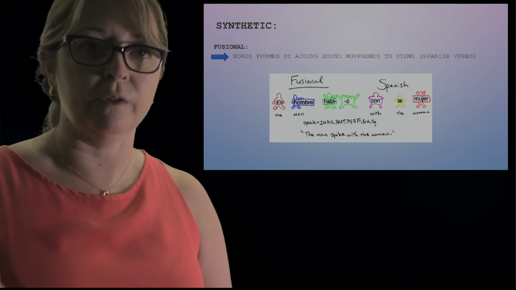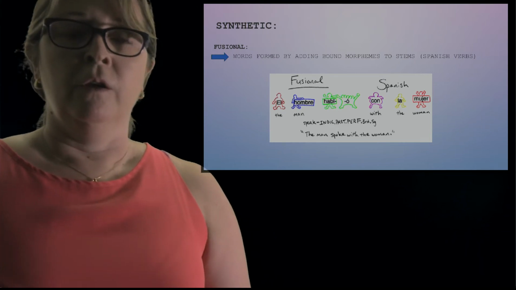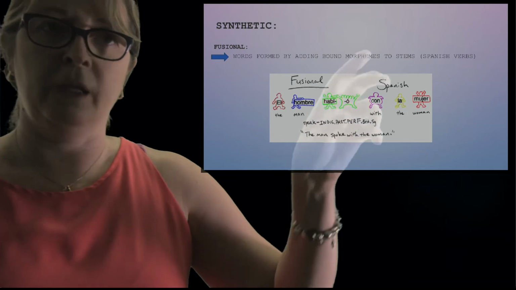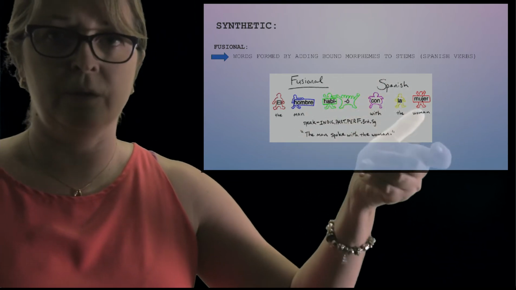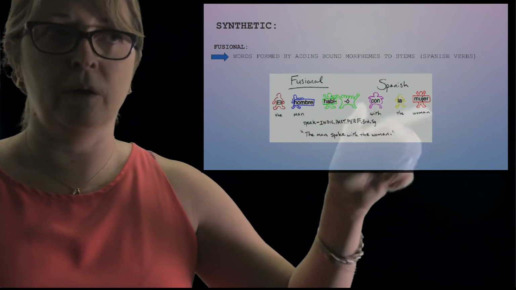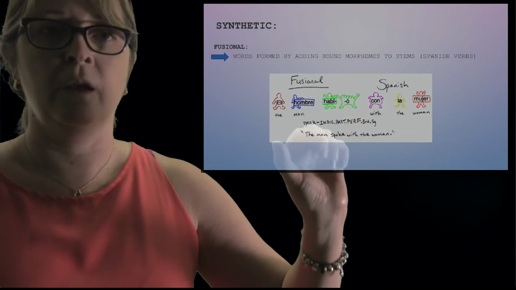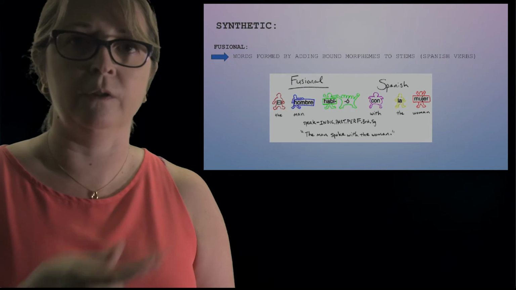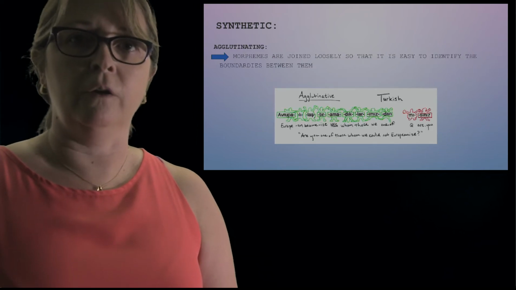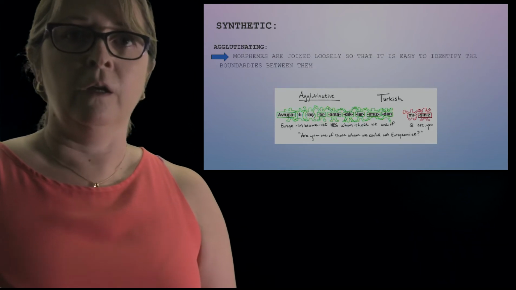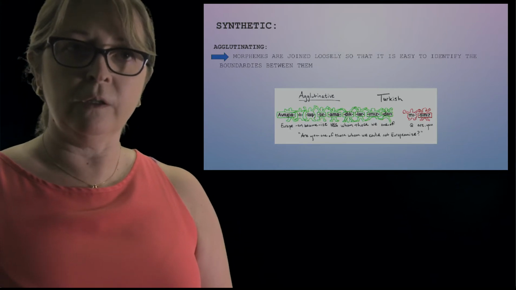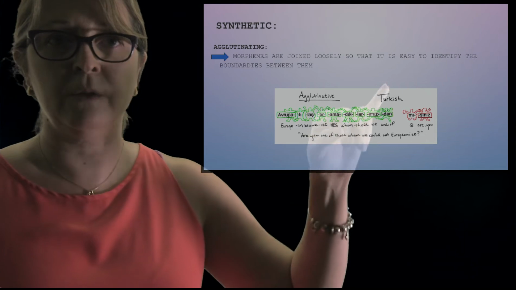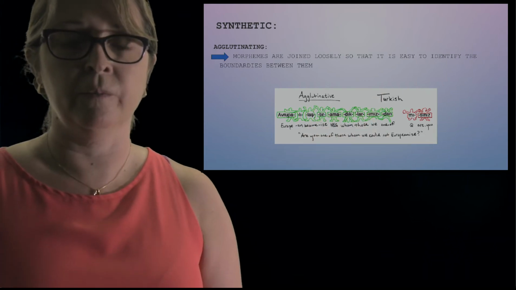So, for example, in Spanish, the conjugation of the verb, the last part of the verb, which is added on as a suffix, has meaning, right? So you're adding a bound morpheme to the stem.